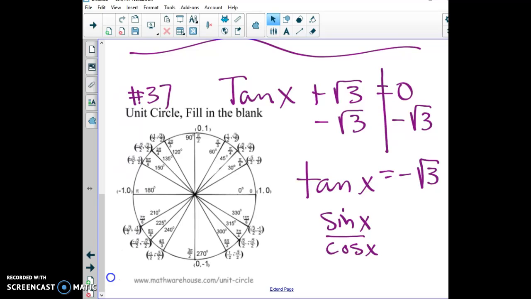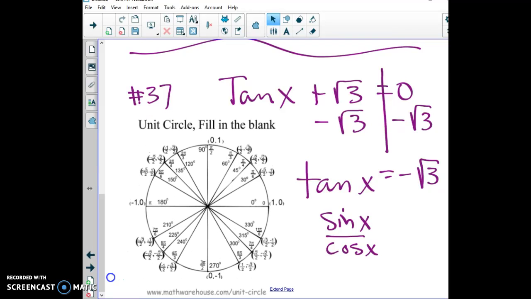So sine over cosine is negative in the second quadrant, or we can be in the fourth quadrant. So which of those, sine over cosine, are going to simplify to negative square root of 3? Well, let's look at 2 pi over 3.